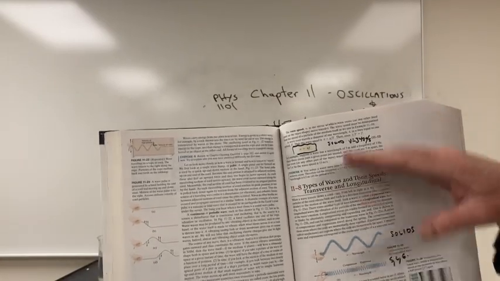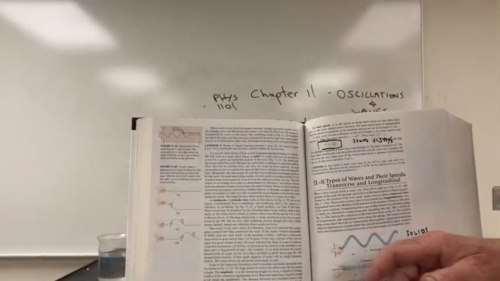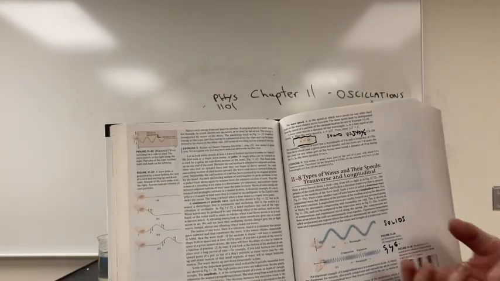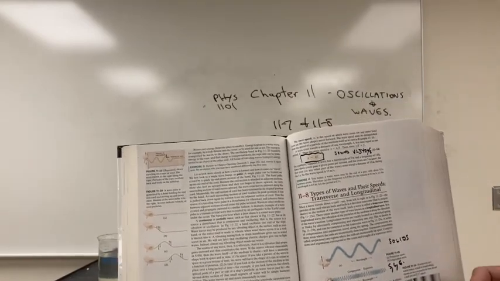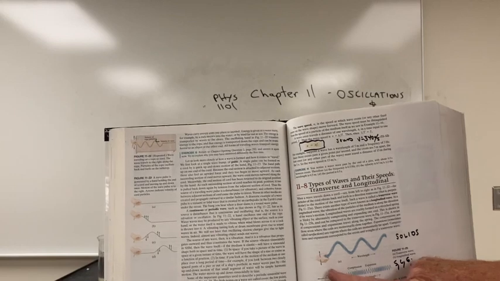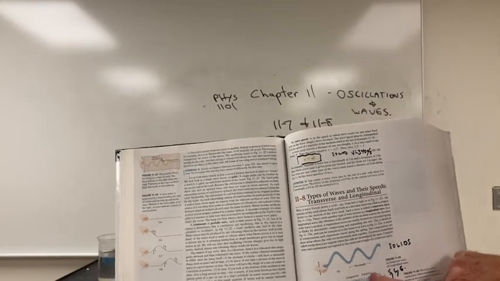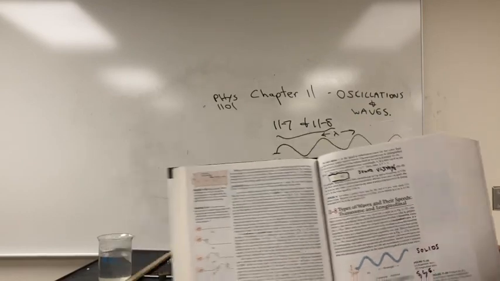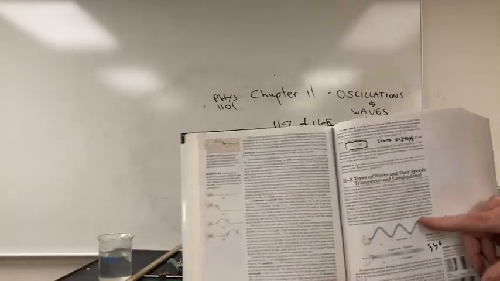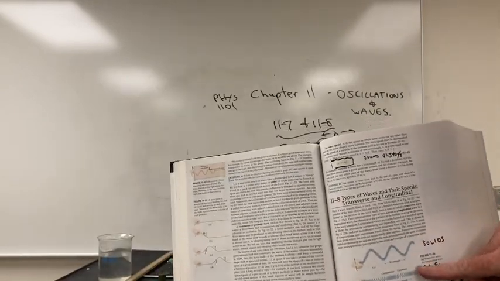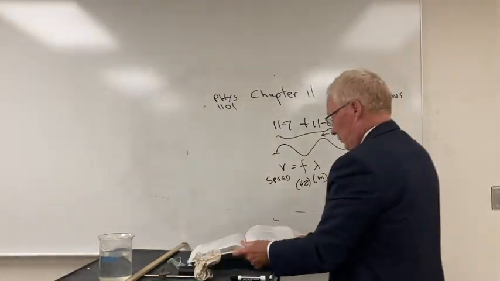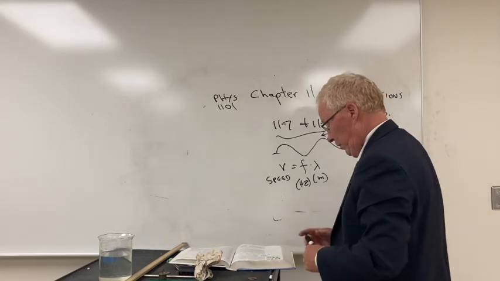The spring or slinky goes up and down, and the wave goes that way. On the other hand, if I just pull it a little bit and give it a jerk, a wave going back and forth in the same direction is propagating. That's what we call a compression wave. So the top one is a transverse wave, the bottom is a compression or longitudinal wave. So those are the kinds of waves you have there.